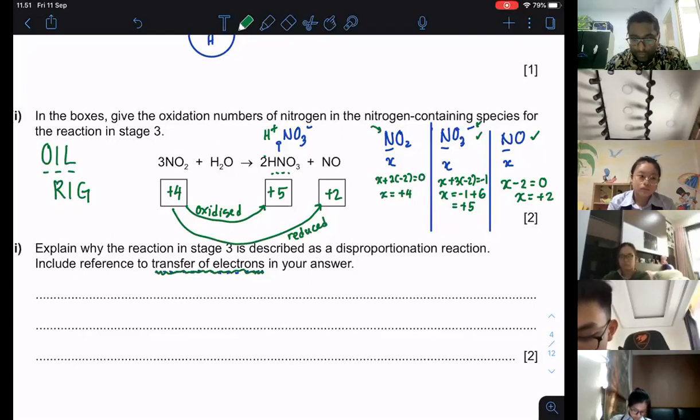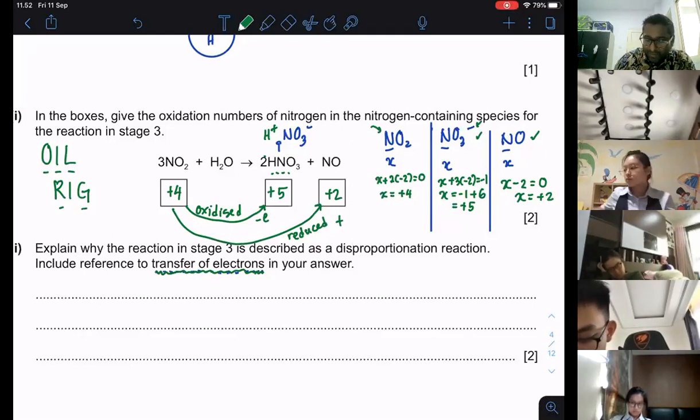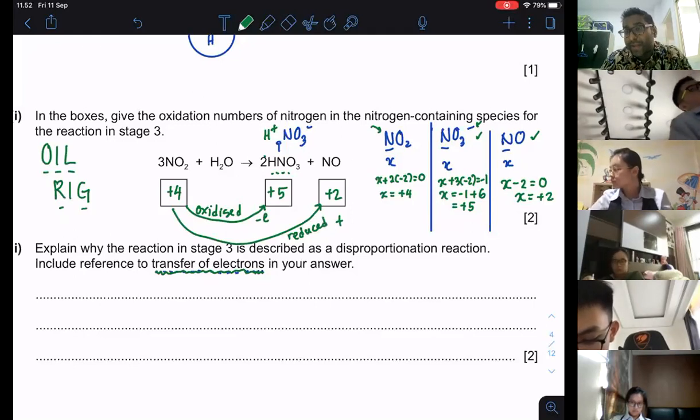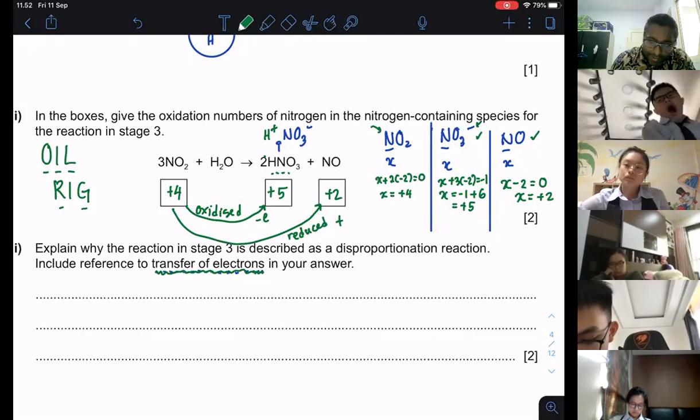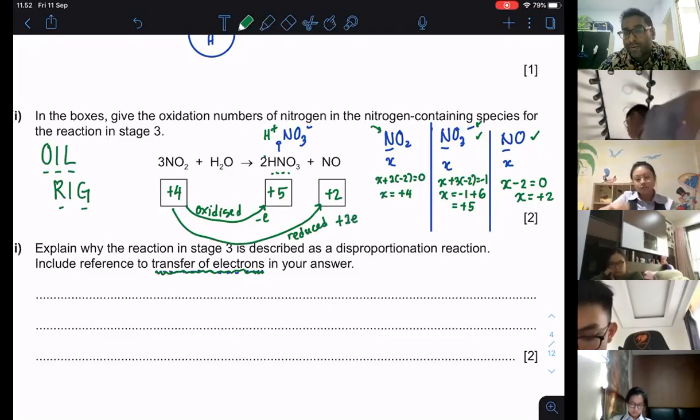So you lost 1 electron. This one, you get reduced because you gain electrons. You are adding from 4 to become 2, it means you're adding negative 2. Every 1 electron is negative 1, so you are adding 2 electrons.